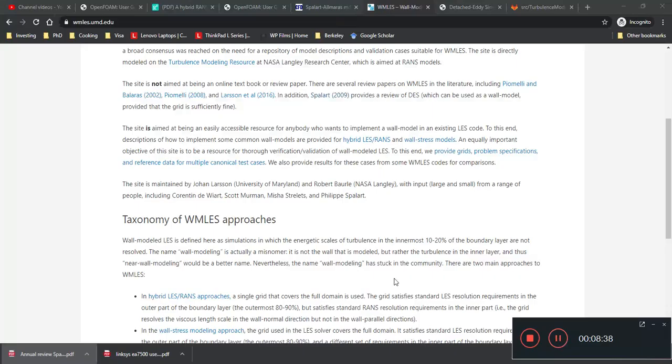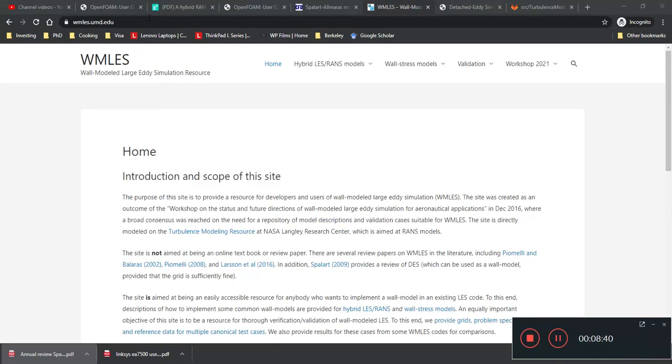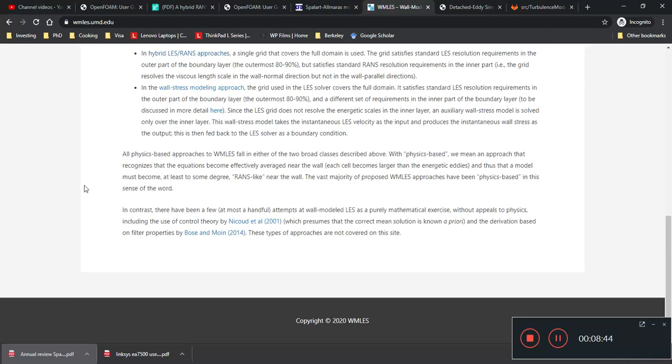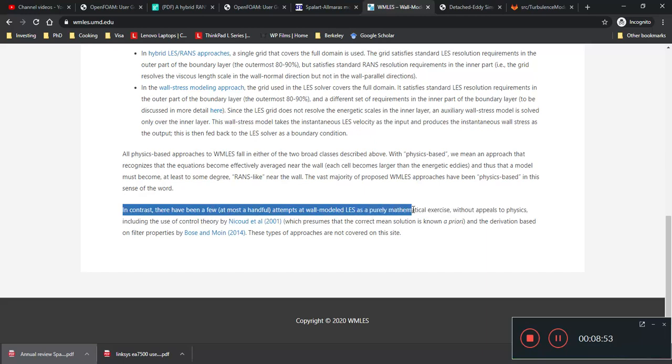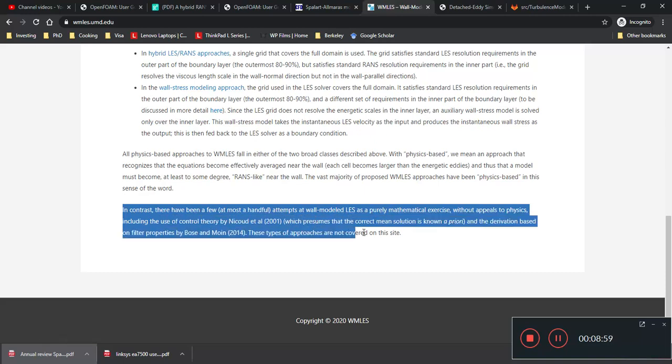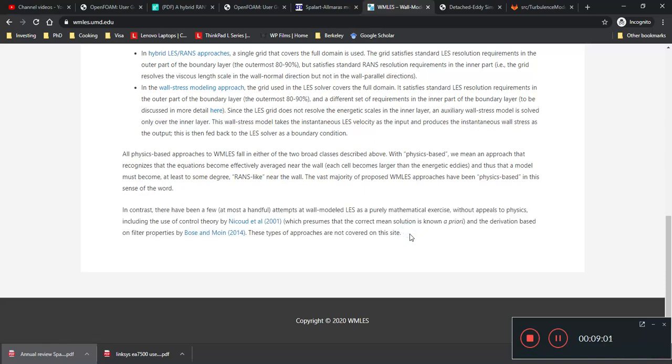So if you take a look at this website, wmles.umd.edu, you will find this comment being said over here. It says, in contrast, there have been almost a few handful attempts at wall model LES as a purely mathematical exercise without appeals to physics, including the use of control theory, and so on.